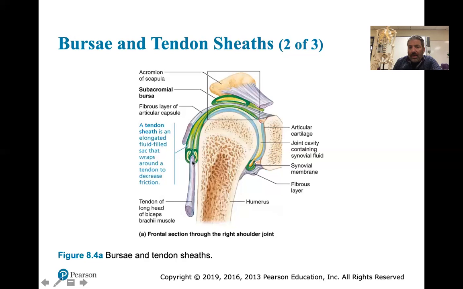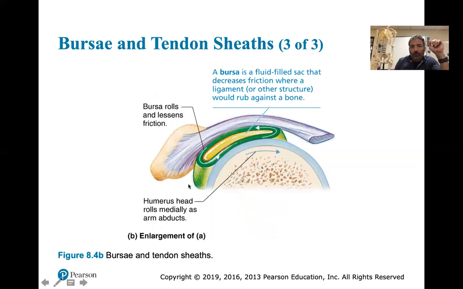But literally, it is a tube, and it's wrapped around itself, and there's supposed to be fluid in there. So as that tendon moves through there, it reduces the friction. Like I said, I wanted to bring in a Ziploc bag with fluid in it, so you could see how that could move back and forth.